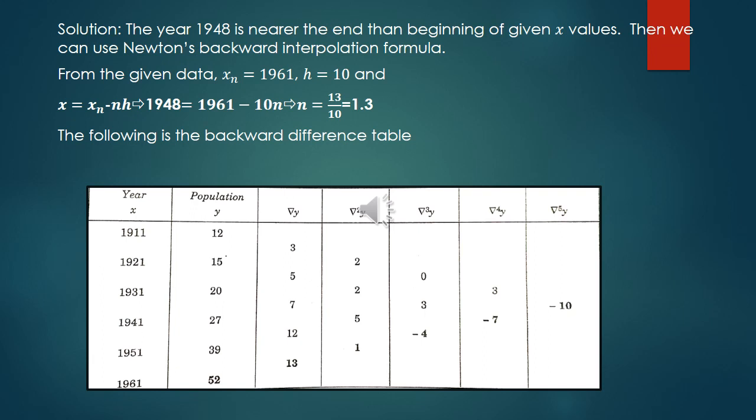The first backward difference is del y1, that is equal to y1 minus y0, that is 15 minus 12, which is marked between 15 and 12 in the del y column. The next is 20 minus 15, that is equal to 5. 27 minus 20, it is 7. 39 minus 27, 12. 52 minus 39, 13. And the backward differences del square y, del cube y, del raised to 4y and del raised to 5y can be constructed similarly.